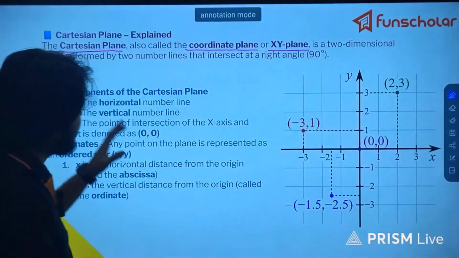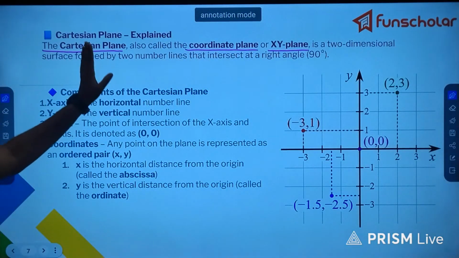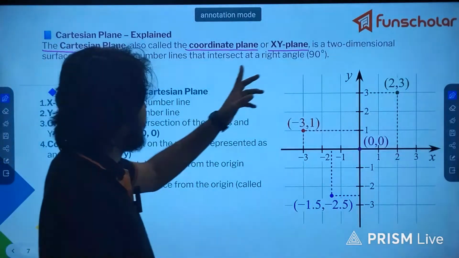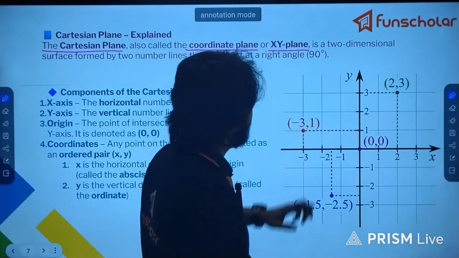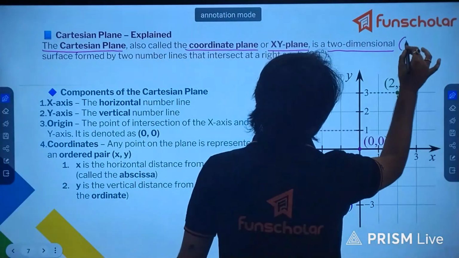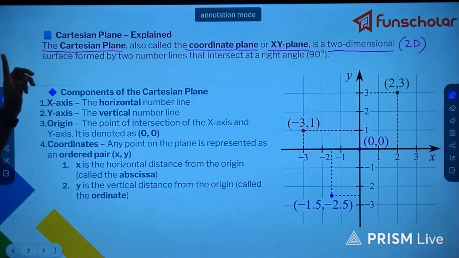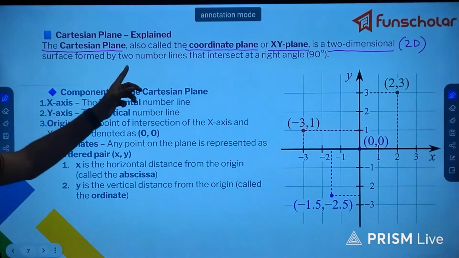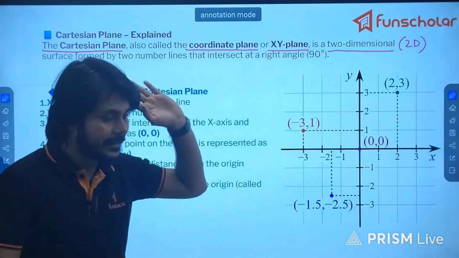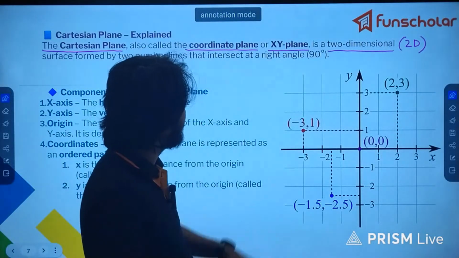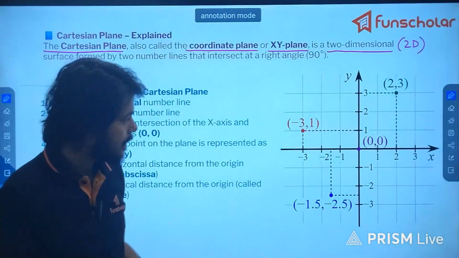But this is called the Cartesian plane or the coordinate plane or XY plane. This is a two-dimensional, 2D surface formed by two number lines that intersect at a right angle.